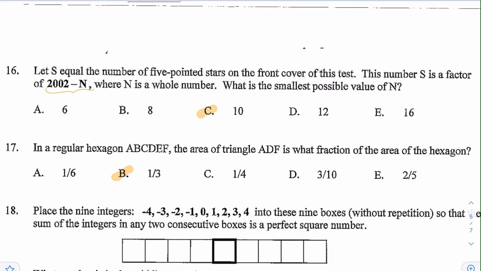Now the smallest possible value for n, you have to go through all the choices. If you want the smallest possible value, you want to start with choice A. So choice A is n equals 6. So if n is equal to 6, you have 2002 minus n, or minus 6. That's equal to 1996.